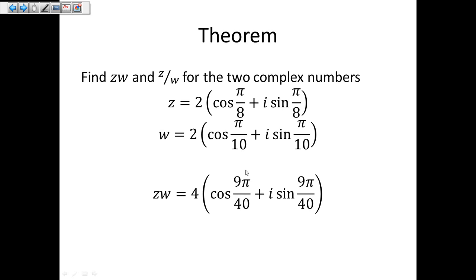I'm going to add them together, you get 9 pi over 40. Same angle right here in the sine. To find the quotient, take 2 divided by 2 is 1, so you don't even bother with the 1, don't bother with the parentheses. Pi over 8 minus pi over 10, so that's going to be 5 pi over 40 minus 4 pi over 40, gives me the pi over 40 right here. And then the sine operates on the exact same angle.